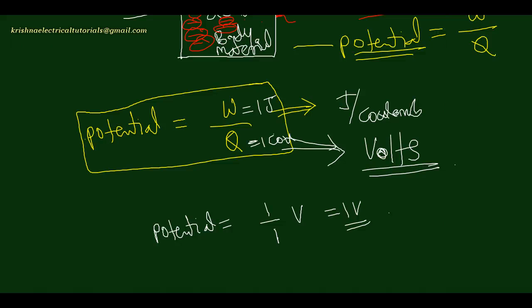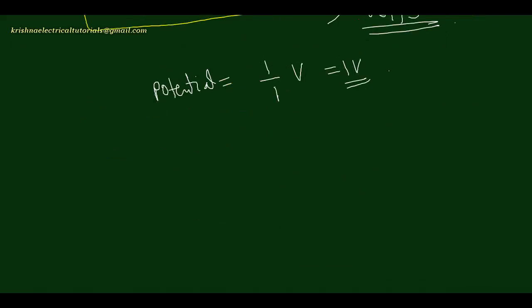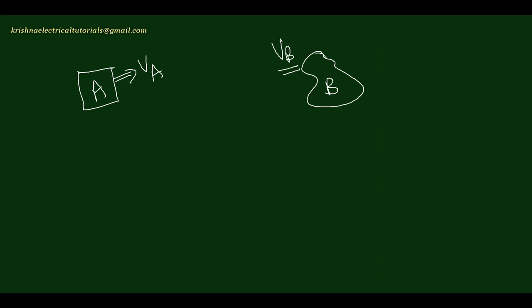So what do you say? Every electrical body will have some potential. That potential is represented by VA, and I have some other body, something like this B, so it will have some VB, right? And it also has some capacity.